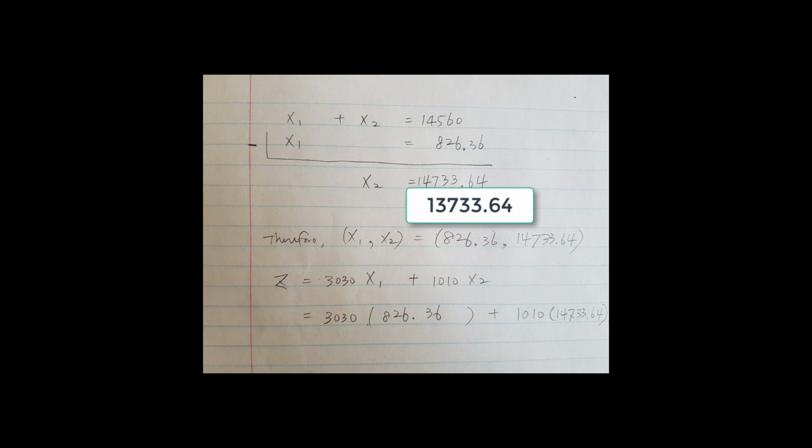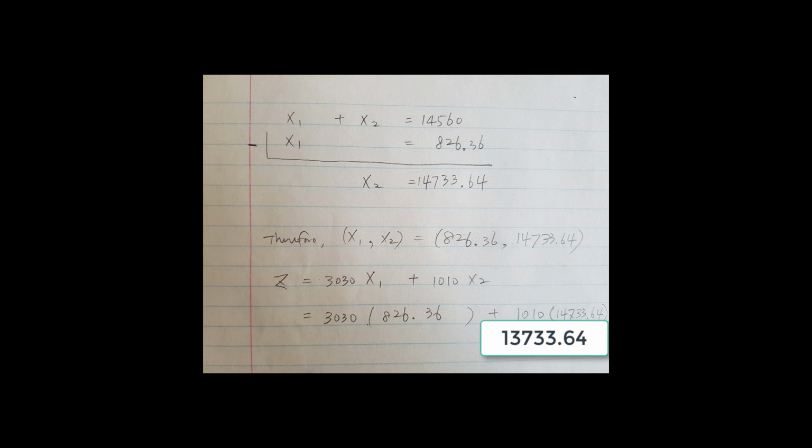So you plug that into this z function as shown. I made a mistake here, x2 should be 137.64. So you put that in here and find the z value. Then it's going to be your profit in this case.